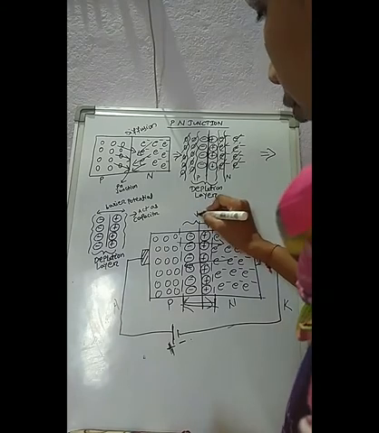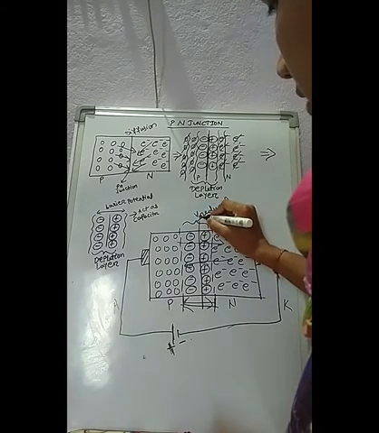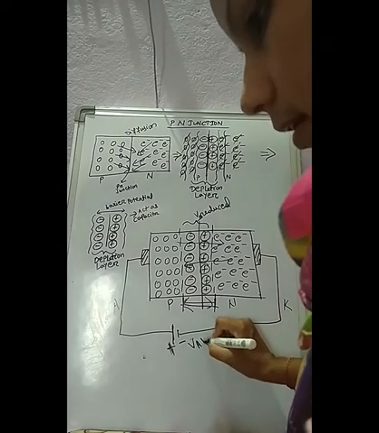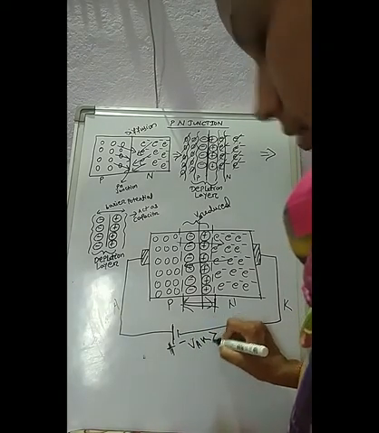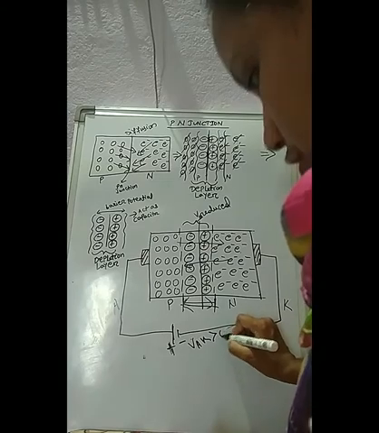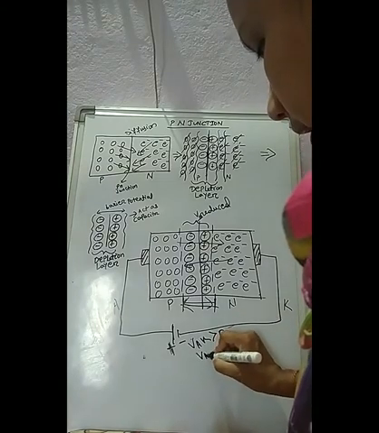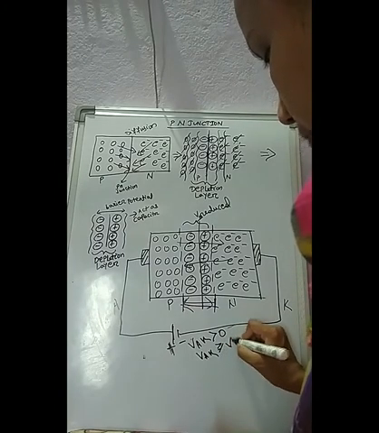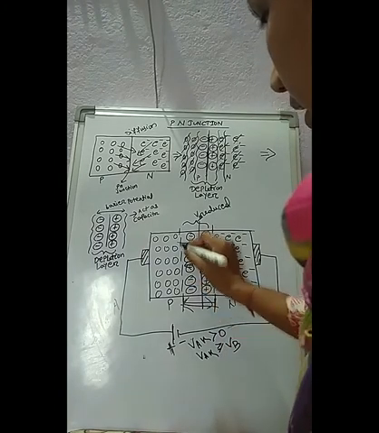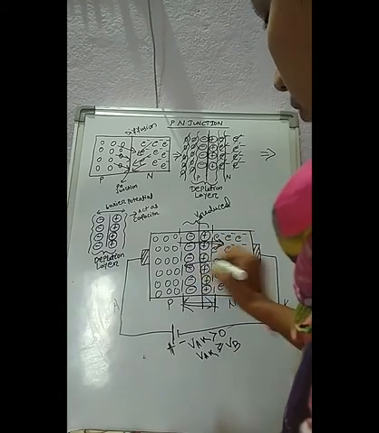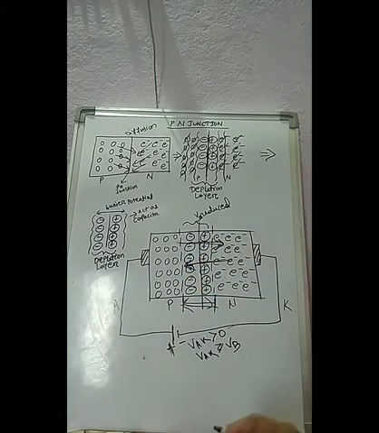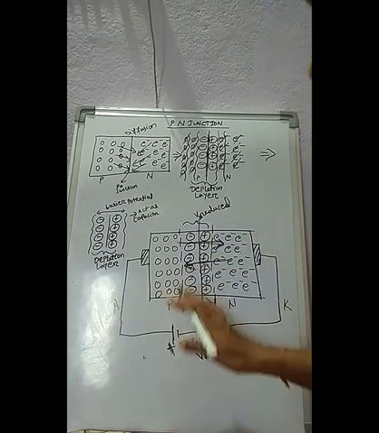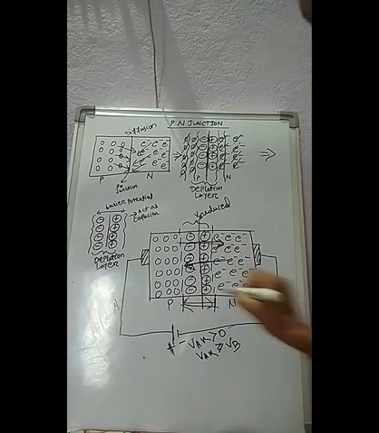How will the barrier potential reduce? When VAK is greater than 0, and when VAK is greater than or equal to VB, then only there is again the flow of charge, there is again the flow of electrons, conduction starts again between P and N layer.